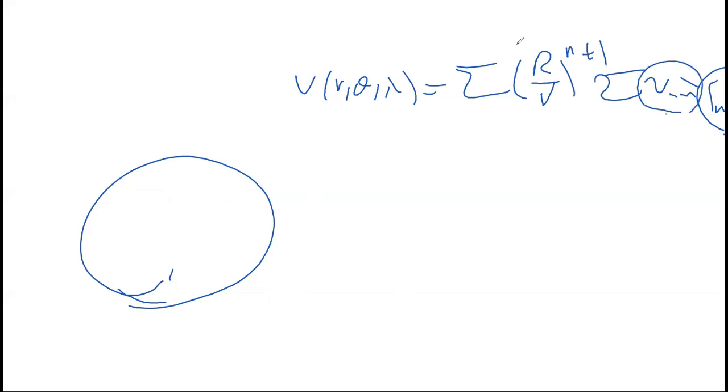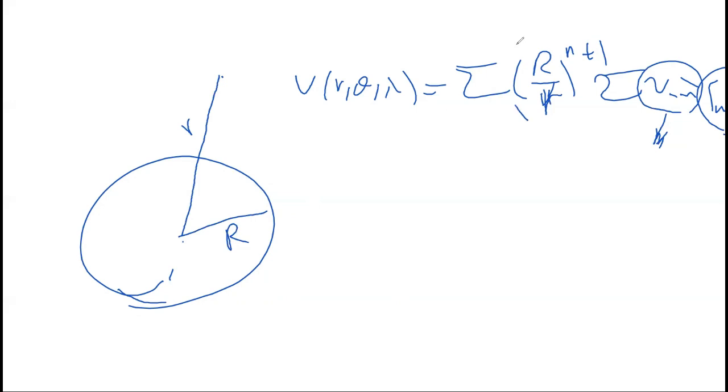V is the contribution of the gravity field. It shows that for each component, for each frequency of the gravity field, how large the gravity value is in that direction. R over r, what is that? If the radius of the sphere is R, we expect that when we get far from the Earth, the gravitational potential is reduced.